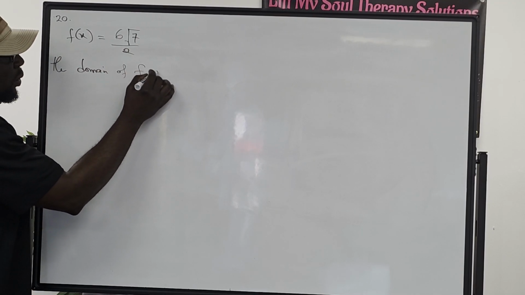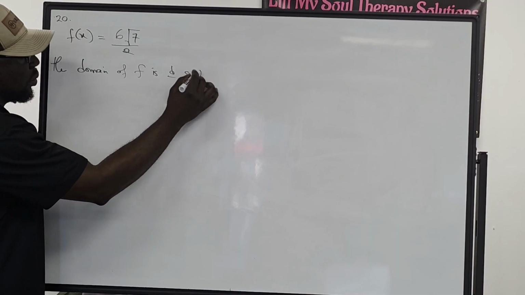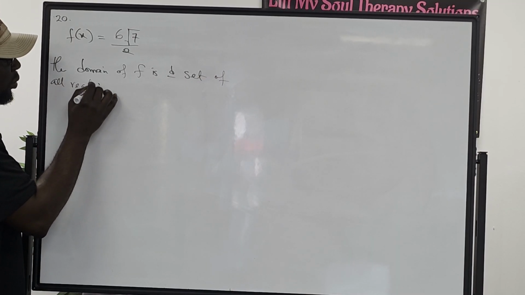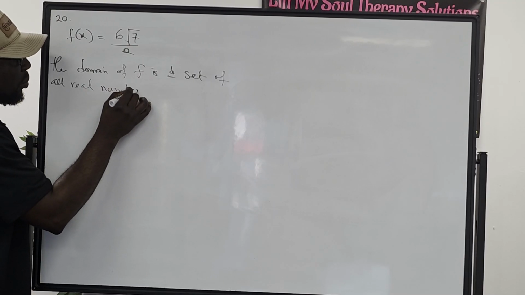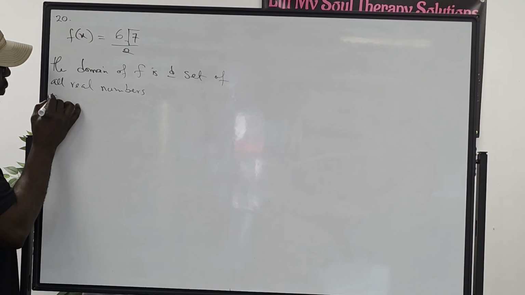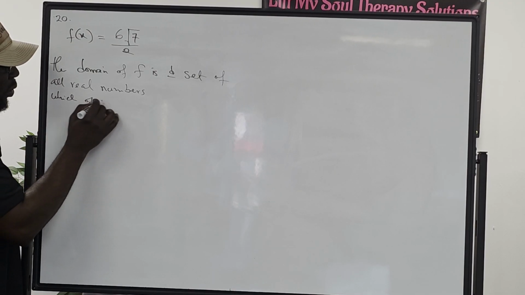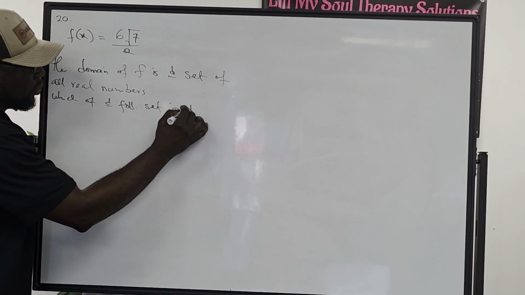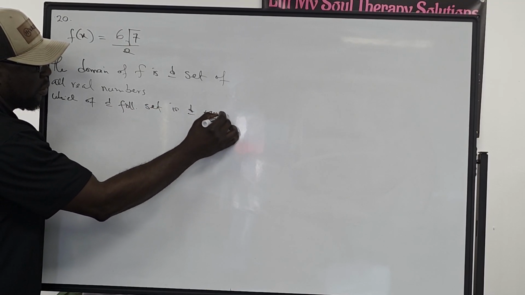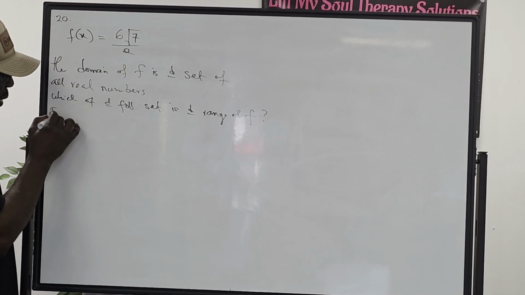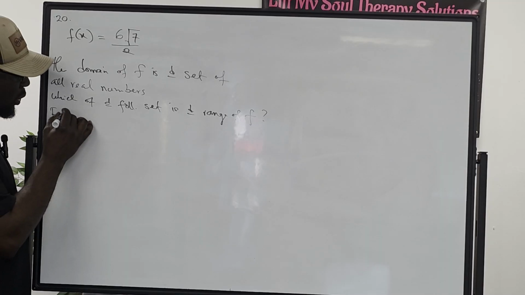Which of the following sets is the range of f? And here, option F says all integers. Option G, all rational numbers.